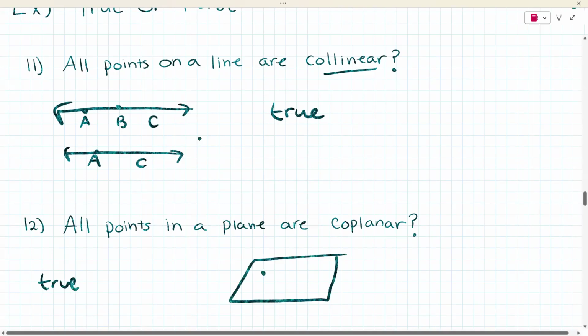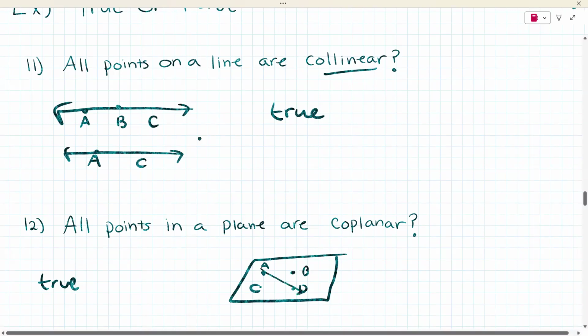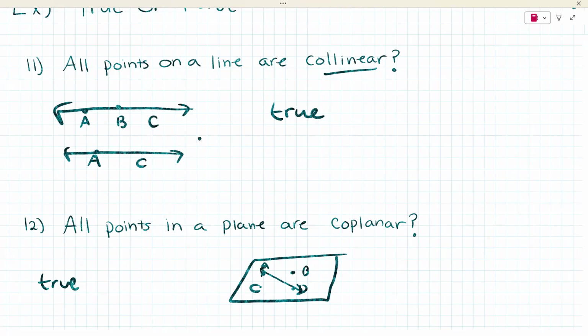Here's point A, point B, point C, point D. In order for it to be coplanar, you have to have at least 3 points and they have to be non-collinear. Sure, you can have a line that goes through it. That's fine. But they have to be all eventually non-collinear. So that's going to be true.